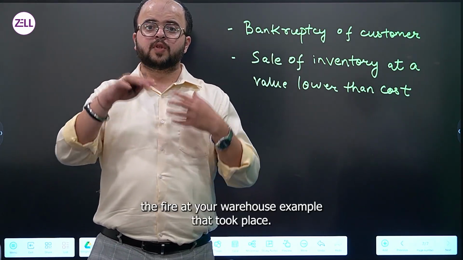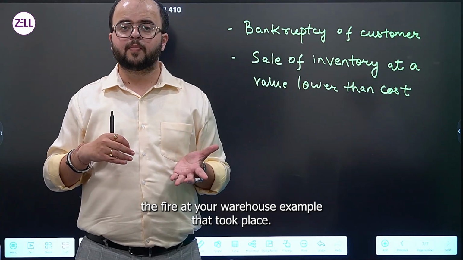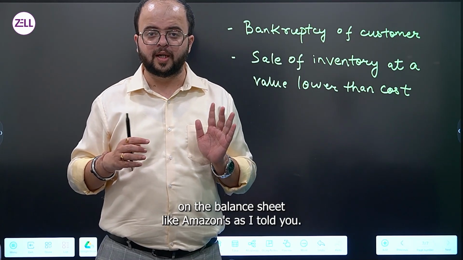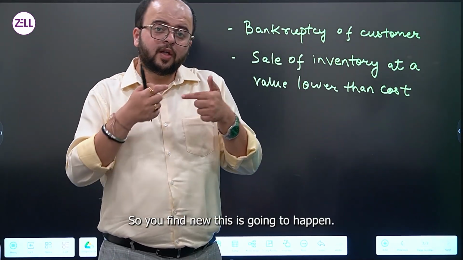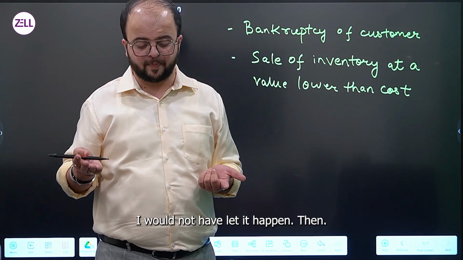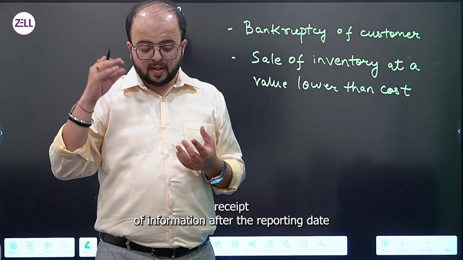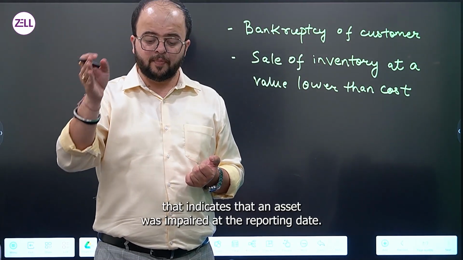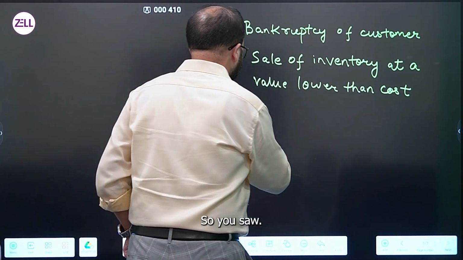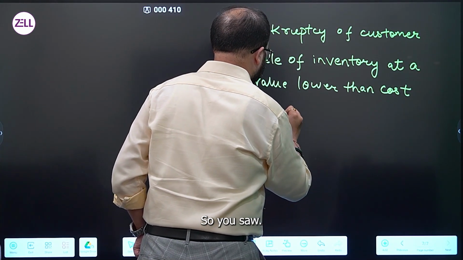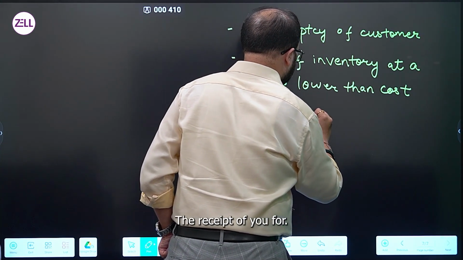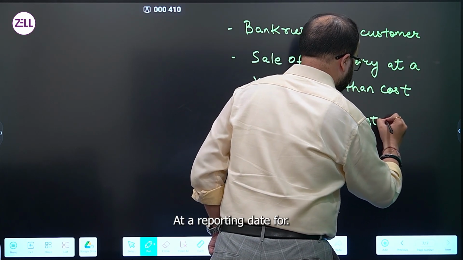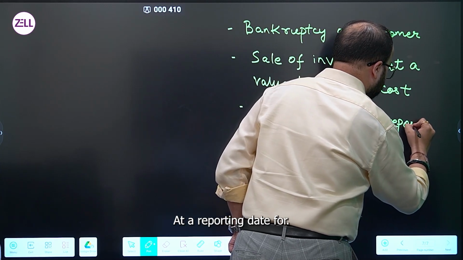Now the fire at your warehouse example that we took, that is not an adjusting event because conditions did not exist on the balance sheet date. My common sense, as I told you, tells me if I knew this is going to happen, I would not have let it happen. Then receipt of information after the reporting date that indicates that an asset was impaired at the reporting date.